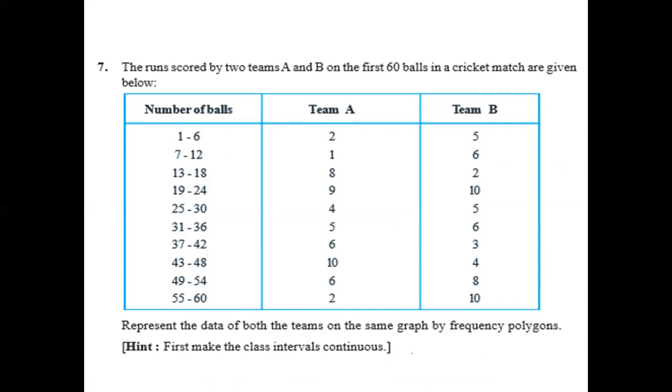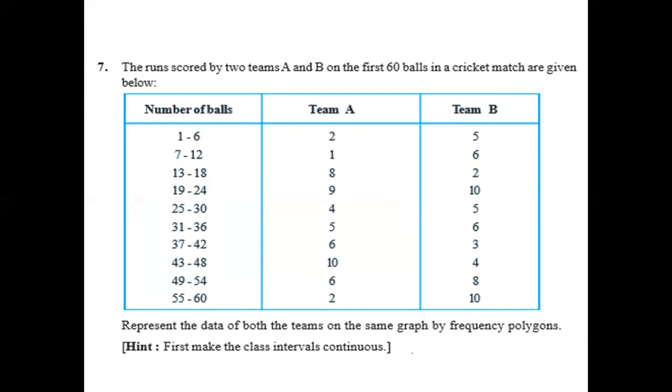Now we'll go to the 7th question. The run scores by two teams A and B on the first 60 balls in a cricket match are given below. Here we are given 1 to 6, 7 to 12. So here we see that the data is not continuous.